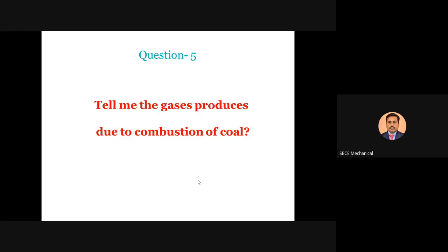Now you can tell me what gases are produced due to combustion of coal. Any idea? Any gases produced in the combustion of coal? You say yes. What are the gases? Anyone?